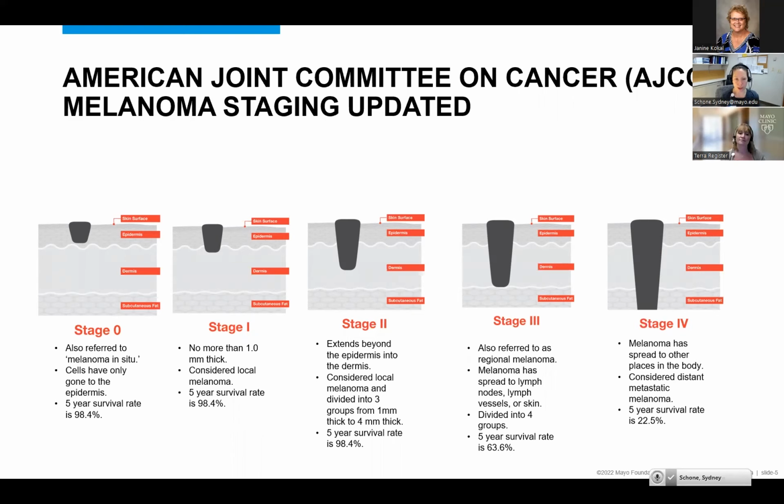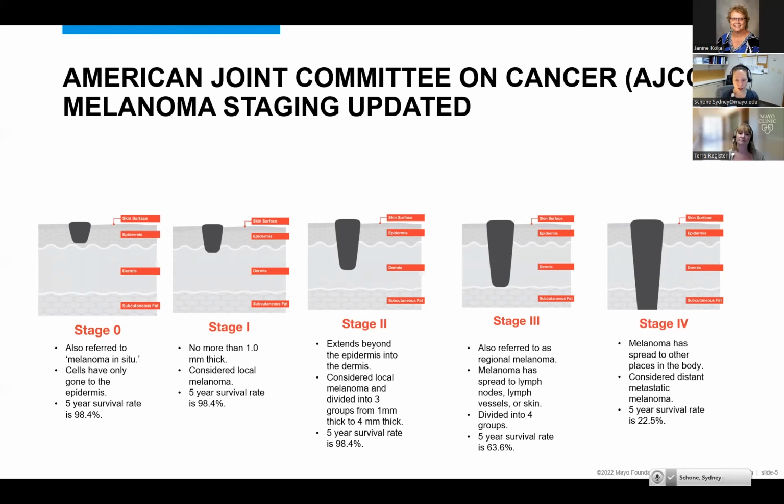Stage 2 is when it extends beyond the epidermis into the dermis and is considered local melanoma, which is also divided into 3 groups from 1 millimeter to 4 millimeters thick, or about half of that pinky width. It also has a very good prognostic factor or survival rate. Stage 3 is now called regional melanoma, where the melanoma has spread to the lymph nodes, lymph vessels, or the skin, and it's divided into 4 groups.